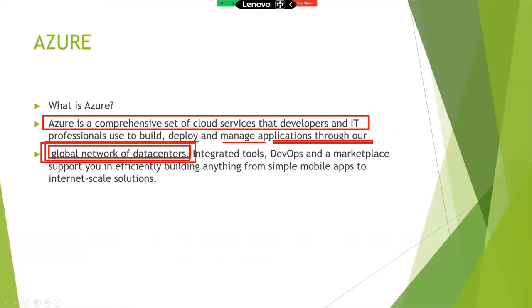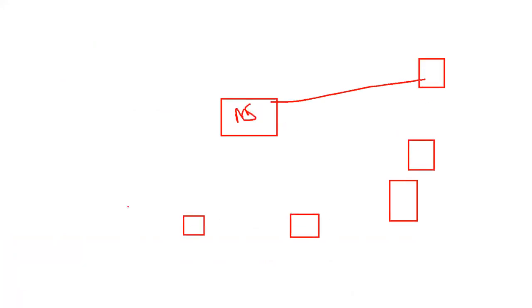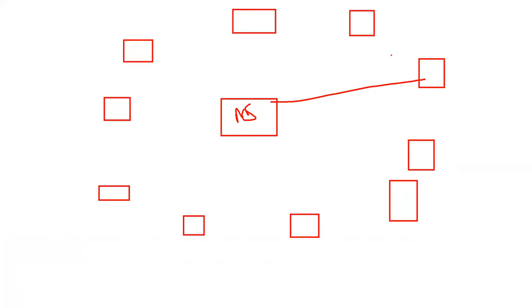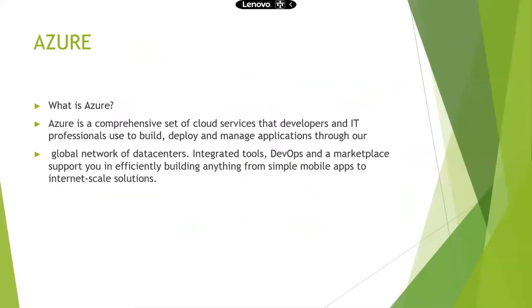You can deploy your services in a data center near you. For example, if I have more customers in India, I can choose the Mumbai data center or the Pune data center.